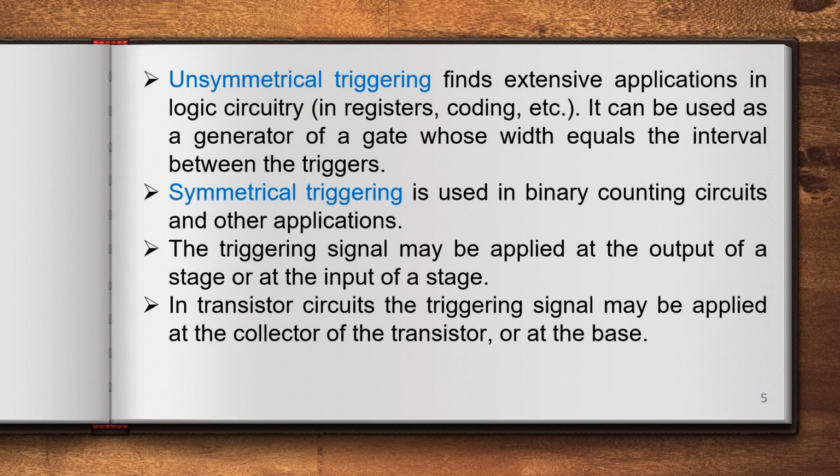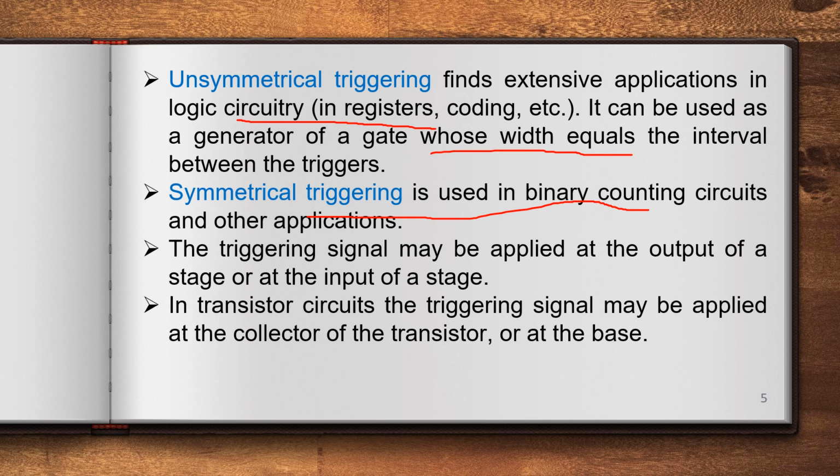Unsymmetrical triggering finds extensive applications in logic circuitry for storing or coding information, and it can be used as a generator of a gate pulse whose width equals the interval between these two triggers. Symmetrical triggering is used in binary counting circuits and other applications.